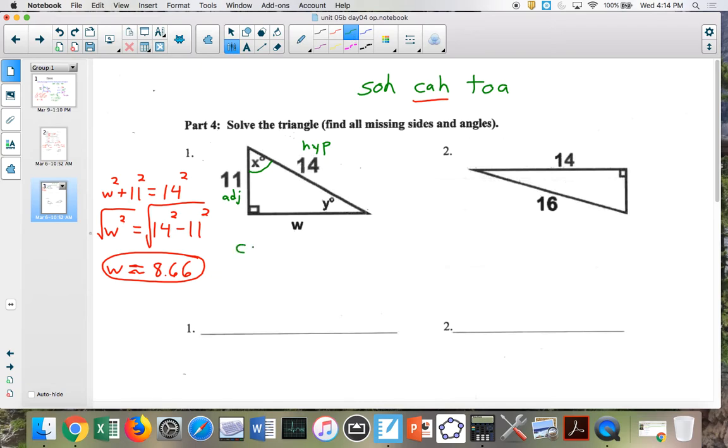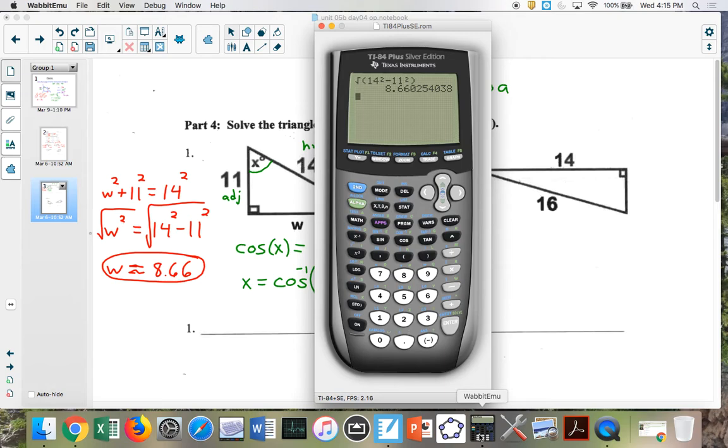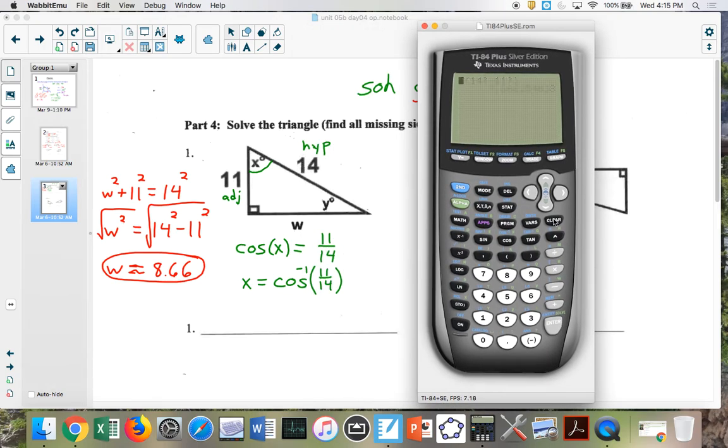So we're going to say the cosine of angle x is equal to the adjacent over the hypotenuse. So to figure out the angle, we're going to use the inverse cosine, second cosine on the calculator, of 11 over 14. Second cosine, to give us the inverse, 11 divided by 14. 38.2 degrees.